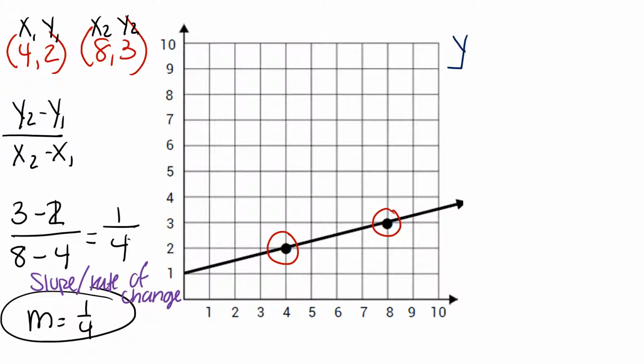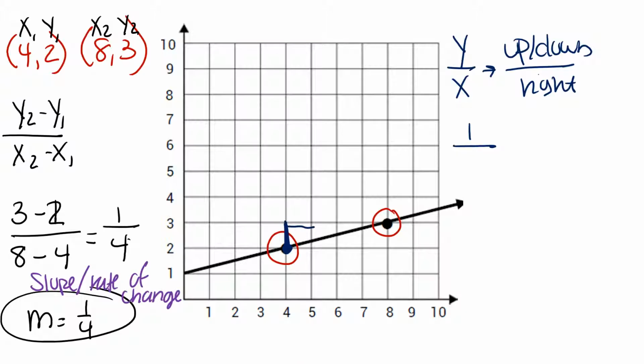Again, you could use the fraction y over x, in which we go up or down first, and then always to the right. For this problem, looking at our 2 points, I start here at 4 and I go up 1, so that's a 1, and I go over 1, 2, 3, 4, right 4. Up 1, right 4.